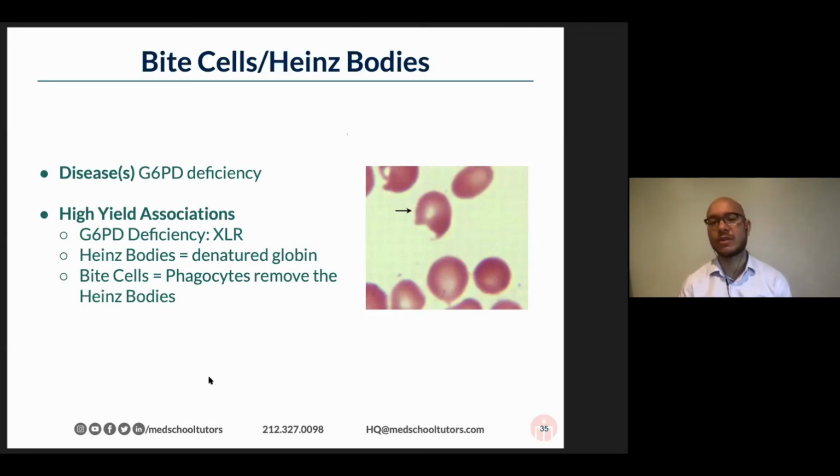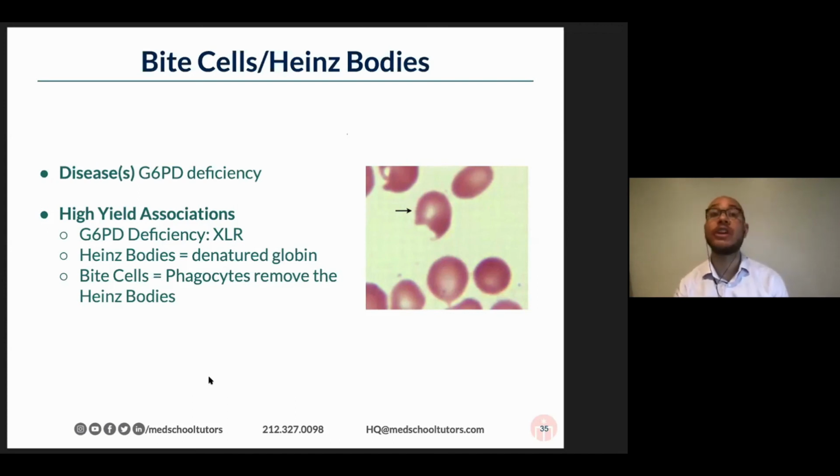You look at the peripheral smear, bingo, you've got your diagnosis of G6PD. Now, let's say helmet cells, schistocytes. Those you see more with, let's say, microangiopathic hemolytic anemia. There you're seeing that their platelets are also low. Or in DIC, they also have sepsis and their coags are messed up in terms of their fibrinogen, their PT and PTT.